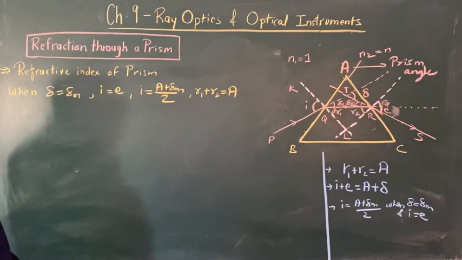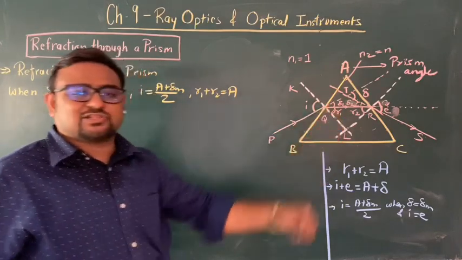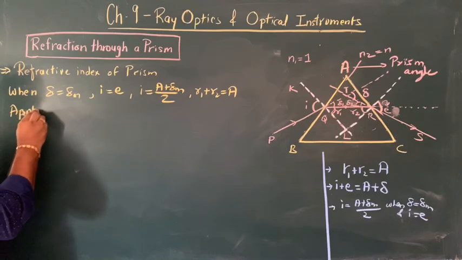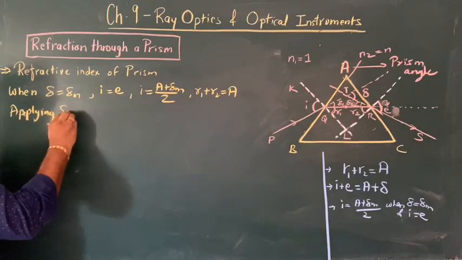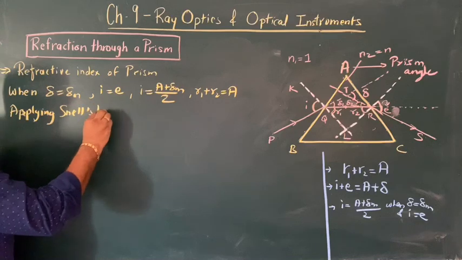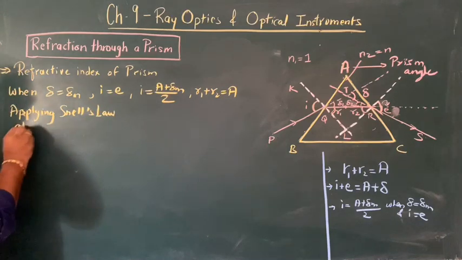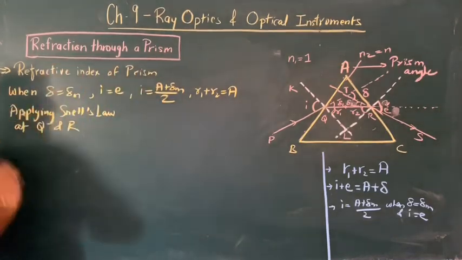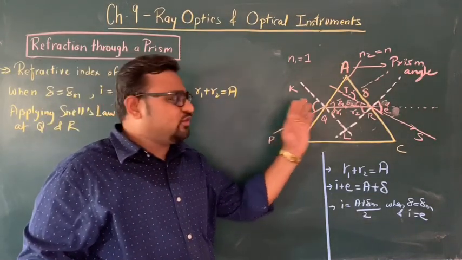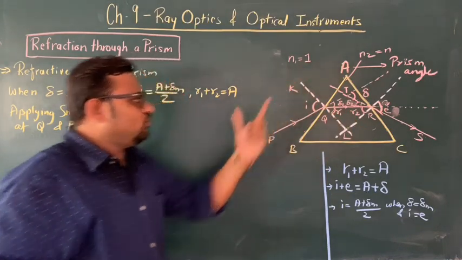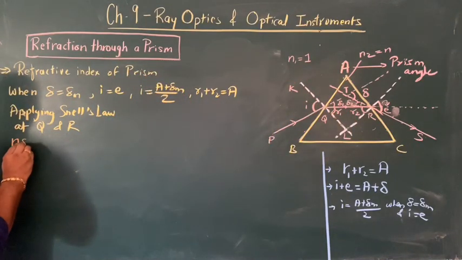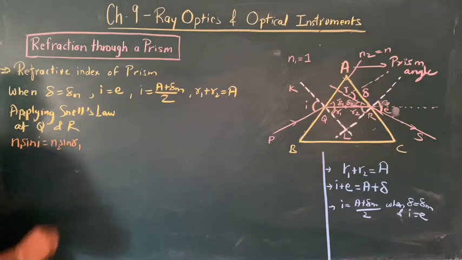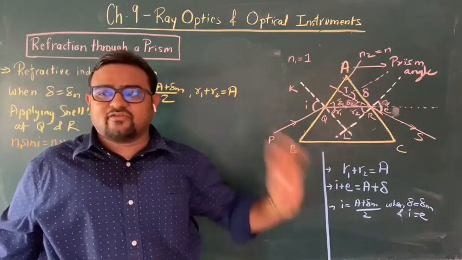So now, when I apply Snell's law at points Q and R. Okay, see at Q, N1 sine I equal to N2 sine R1. This is the angle of refraction.